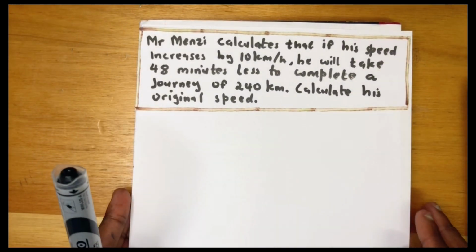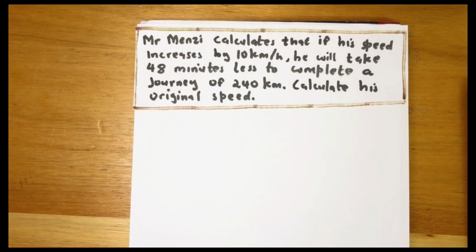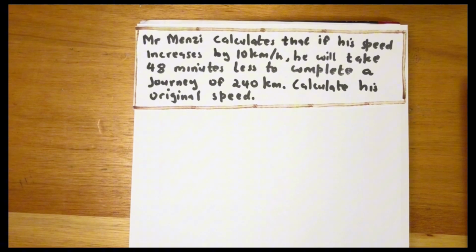They are saying, guys, Mr. Menzi calculates that if his speed increases by 10 kilometers per hour, he will take 48 minutes less to complete a journey of 240 kilometers. Calculate his original speed.